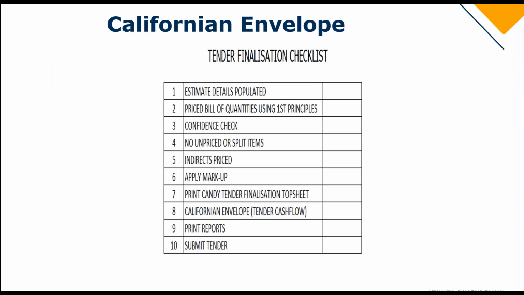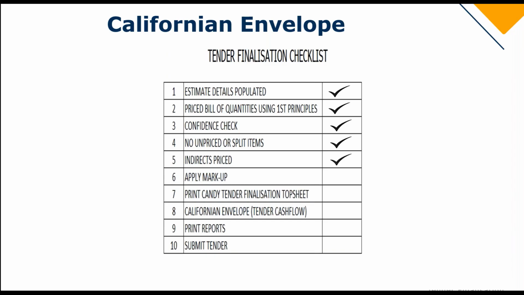So now that we've been through this webinar, you would need to put in place a tender finalization checklist. So number one is the estimate details populated. You would price your bill of quantities using first principles. You would conduct a confidence check to establish if you have any unpriced items, splits, or plugs, as I've mentioned there.